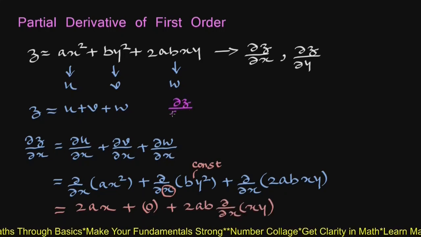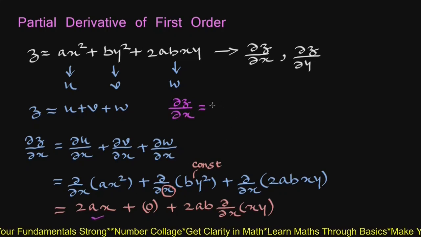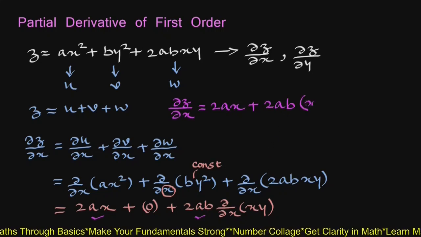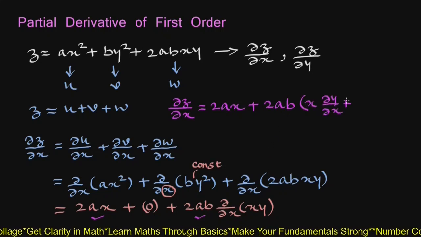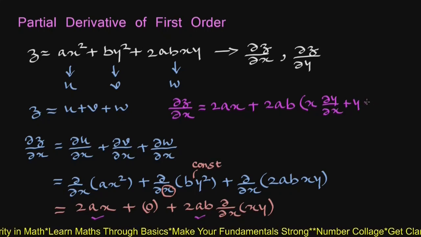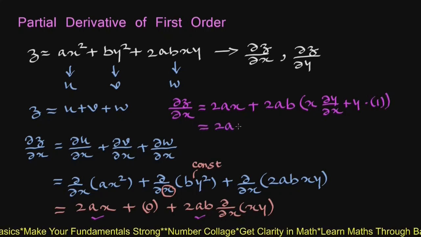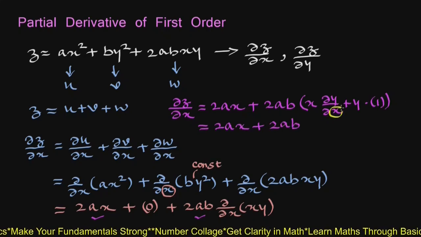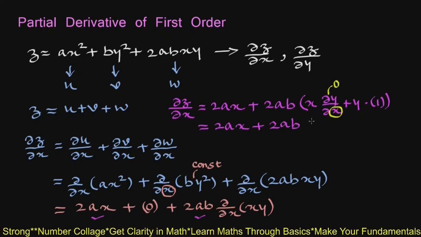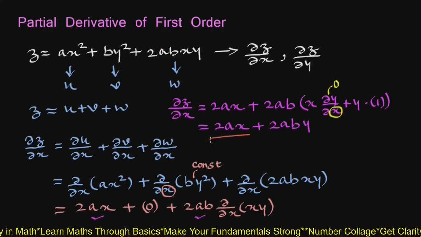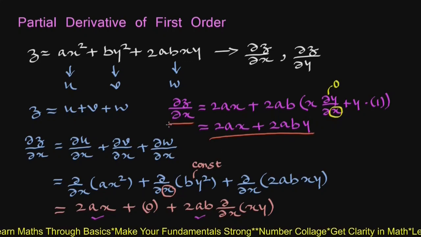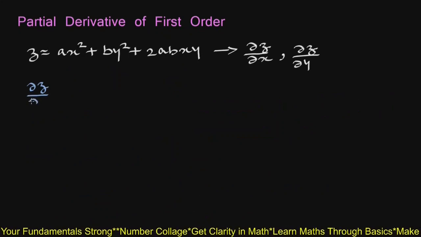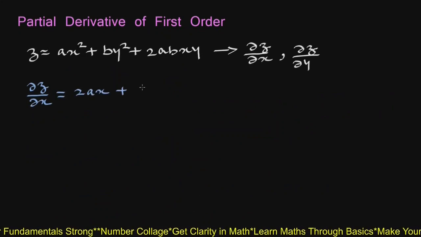Now ∂/∂x of xy will be x into ∂y/∂x plus y into ∂/∂x of x, which is 1. Partial differentiation of y with respect to x will be 0. So 0 plus y is y. So ∂z/∂x is 2ax plus 2aby. We have found ∂z/∂x equals 2ax plus 2aby.